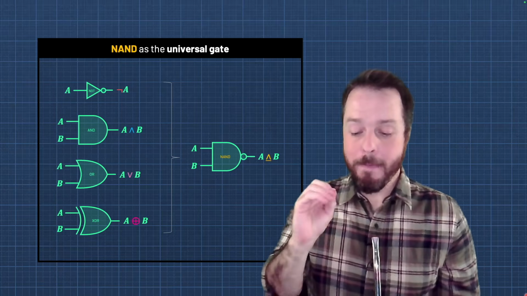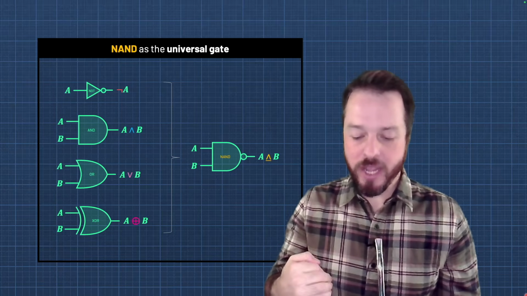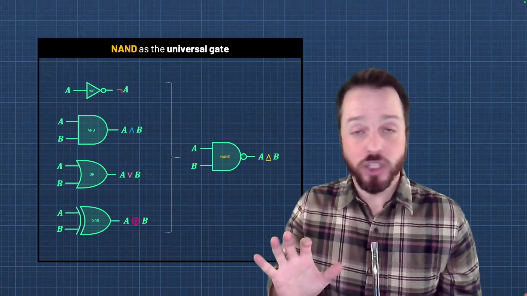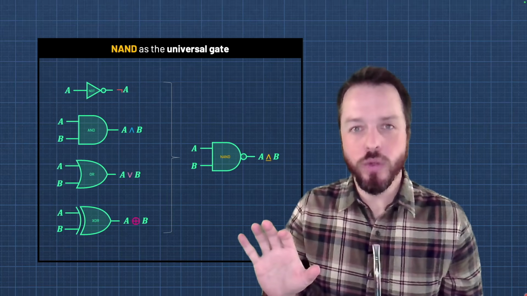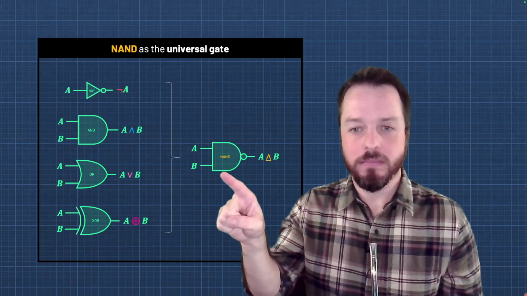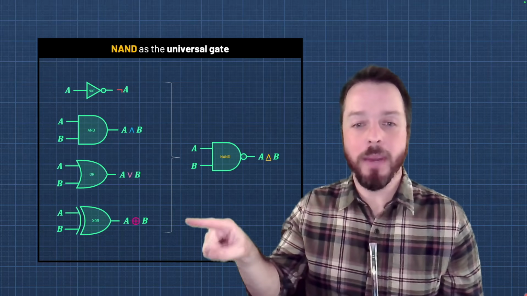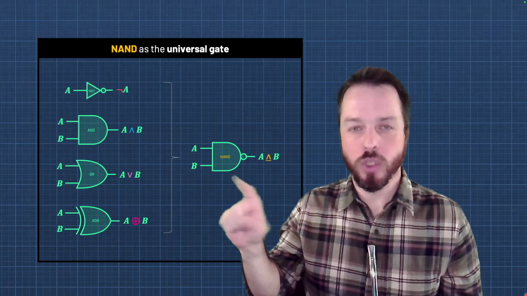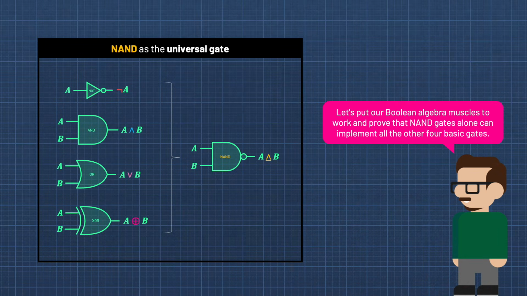All right? My point right here, and the reason that I am bringing this to YouTube is because I want to have a lecture on this, I just want to prove to you that NAND gates can be equivalent. We can implement all those 4 basic logic gates using NAND gates. So we're going to take a look at some Boolean algebra.